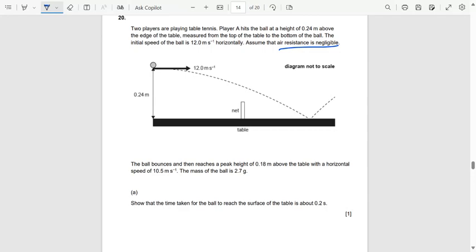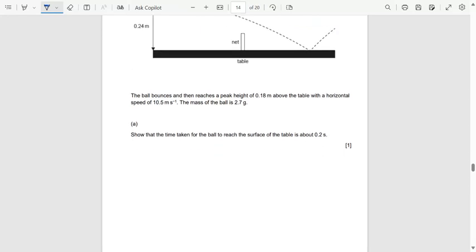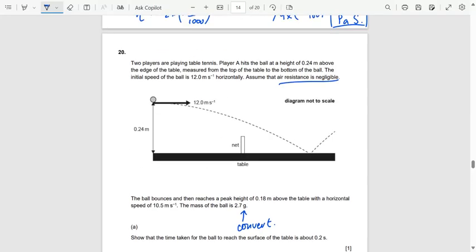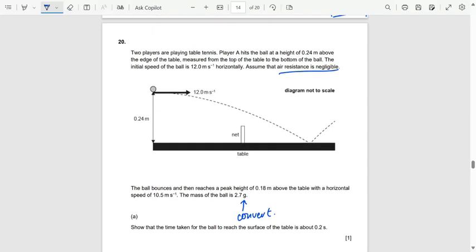Now, just whilst I'm going through the numbers, I don't know if I'll need it, but I am aware that we will need to convert this. Something I like to do is see where the conversions might be whilst I'm reading the question, because once you get stuck into the calculations, it's very easy to miss a conversion.